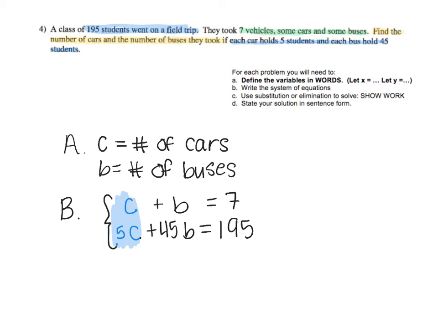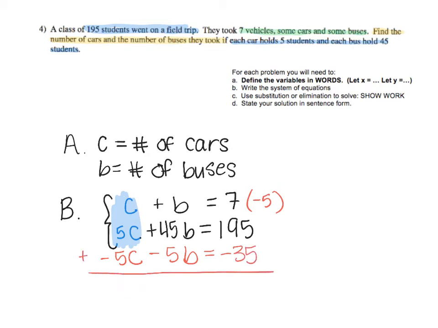And I'll do that by multiplying the entire first equation by -5. And I'll copy that underneath to get -5C minus 5B equals -35. Now I will just add these two equations and solve for B.